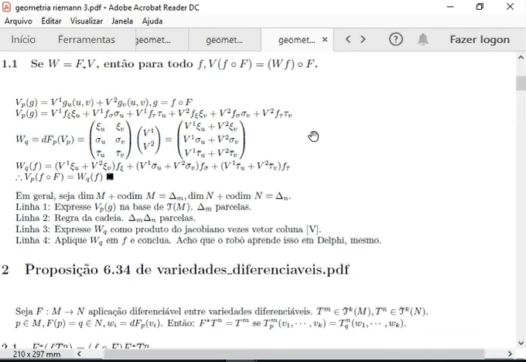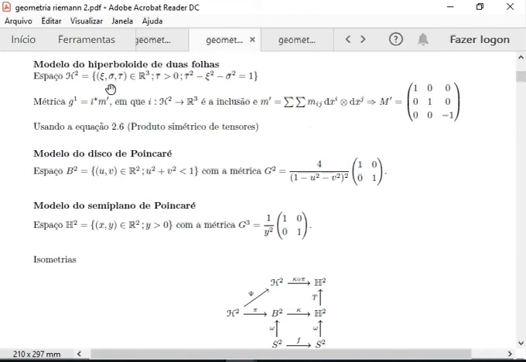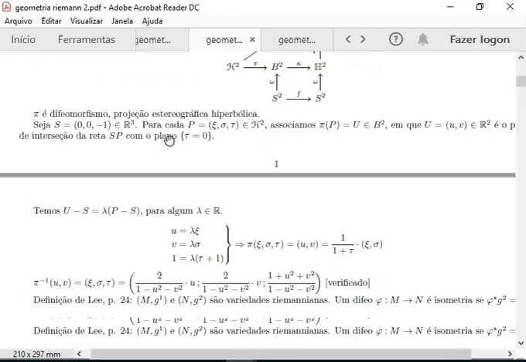We are transforming U V to Xi sigma tau by the function P. Where is P?